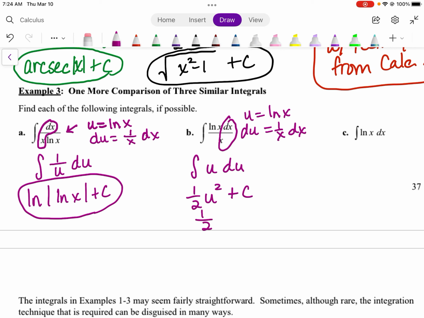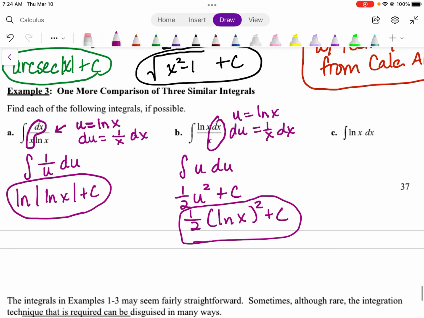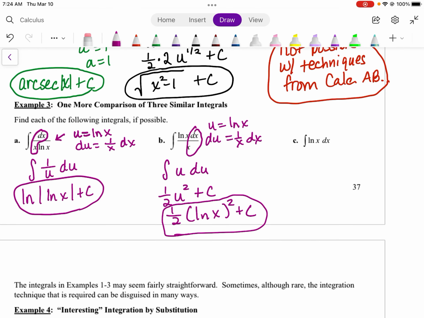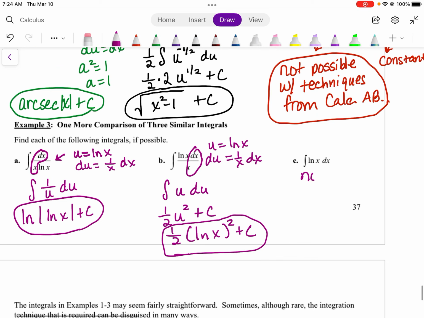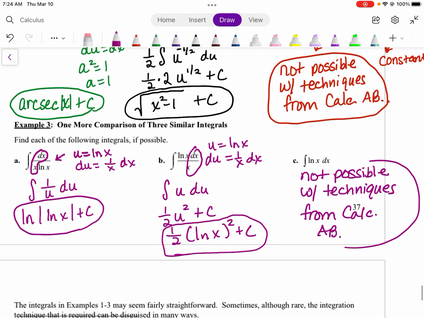So 1/2 of the ln of x squared plus c. Okay. Part C, if you scroll through all of your notes, you're not going to have a formula for just the ln of x. So this is another one that's not possible with techniques from Calculus AB.